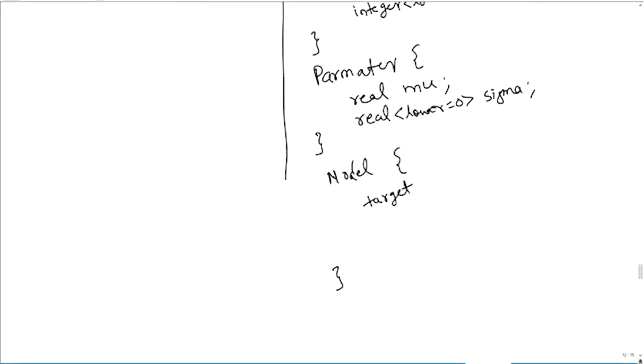So log likelihood plus log prior densities, which means it's basically the summation of log likelihood and prior densities. So that's how we write this statement here.